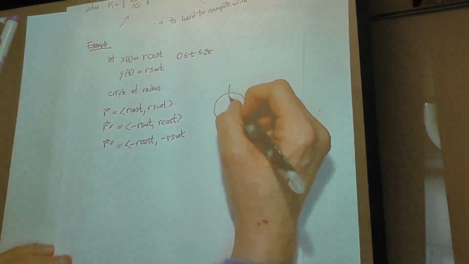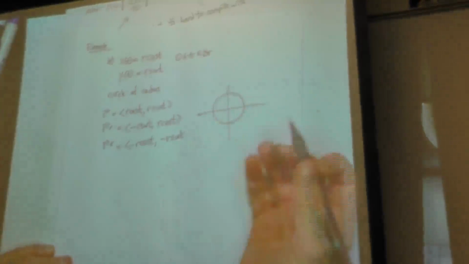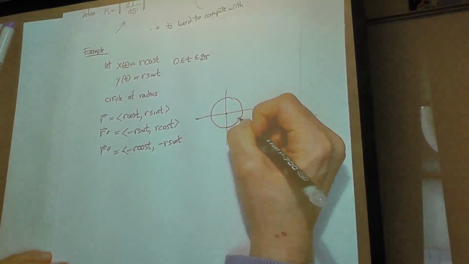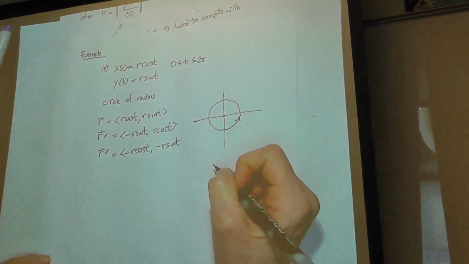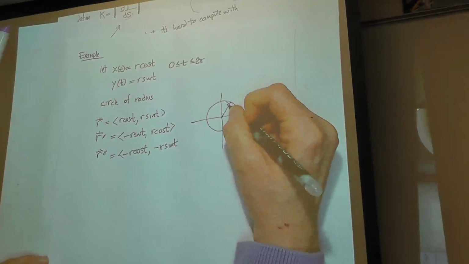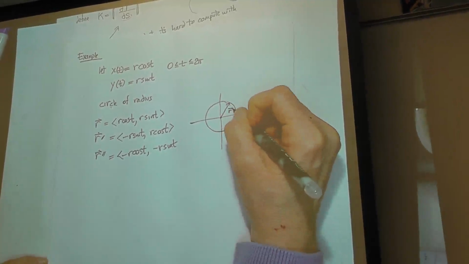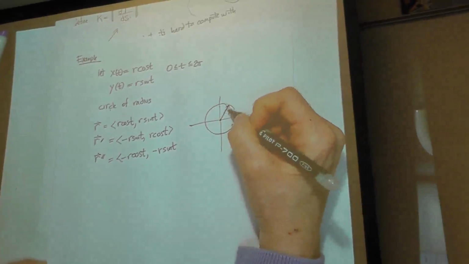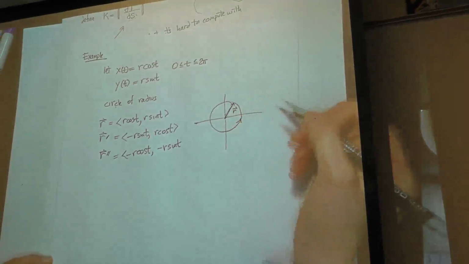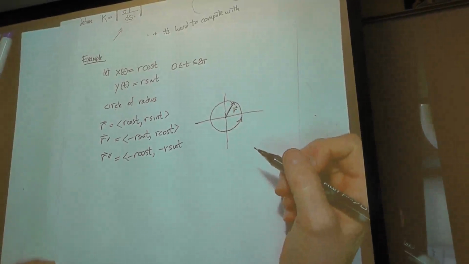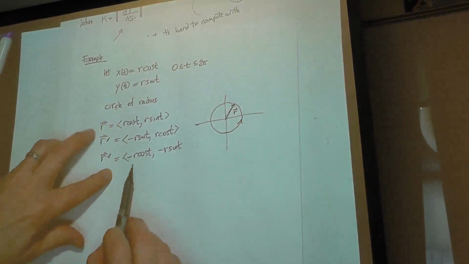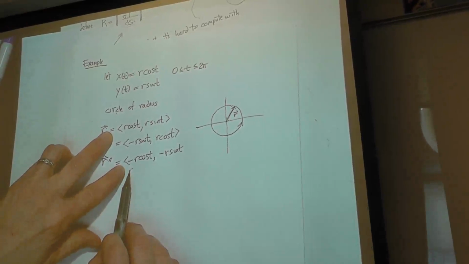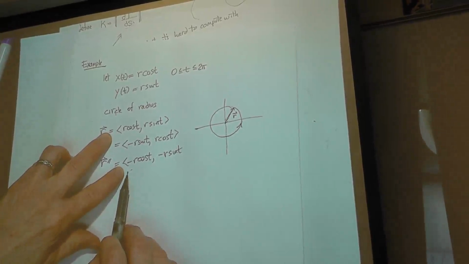And if you notice, just generally speaking, we're going counterclockwise. This is my r. This going back in towards the center is my r prime. You can look at r, you can look at r double prime. They're just negatives.